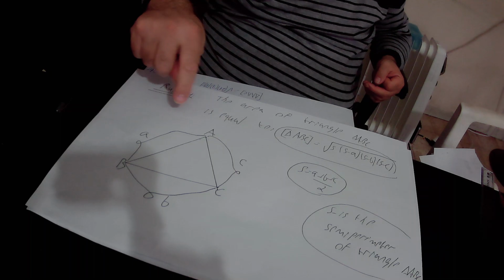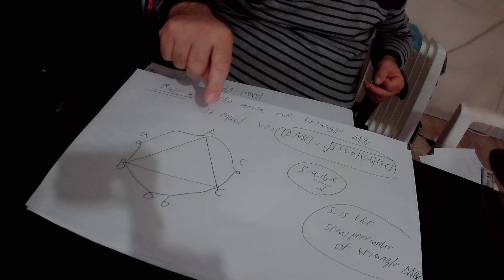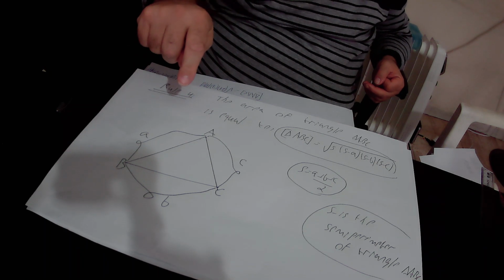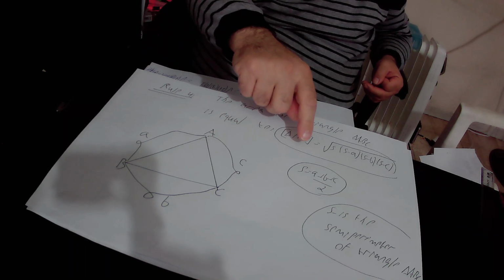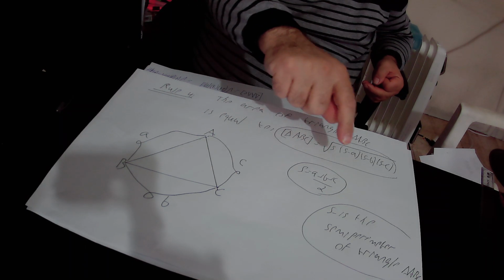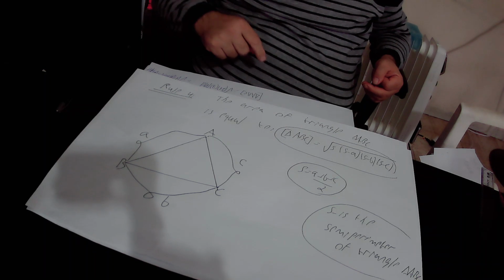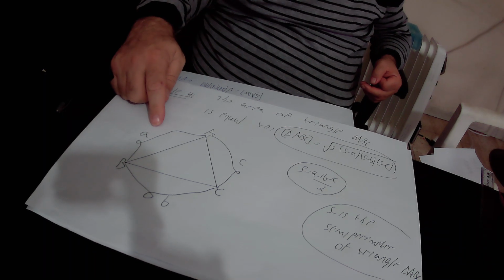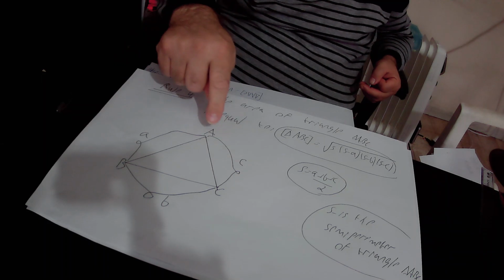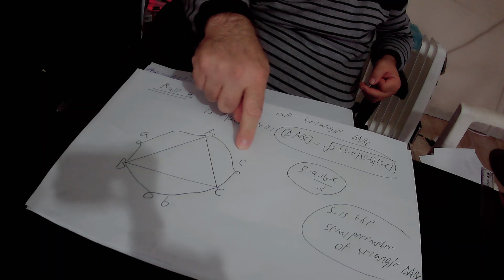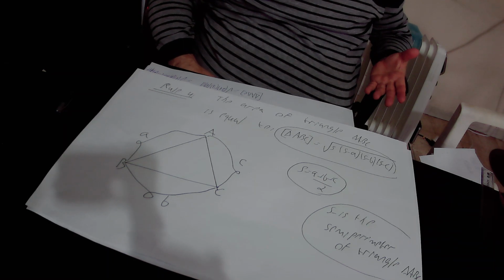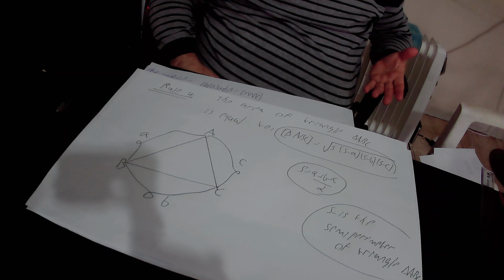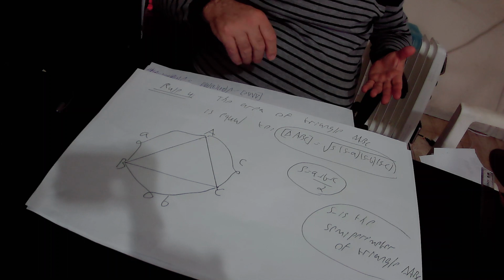Therefore, the semi-perimeter of triangle ABC must equal A plus B plus C, that is the perimeter, over 2. So S equals A plus B plus C over 2. A is the length of side AB, B is the length of side BC, and C is the length of side AC. So now we can implement the new formula in our drawing.